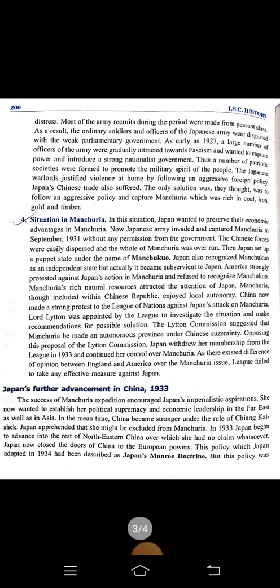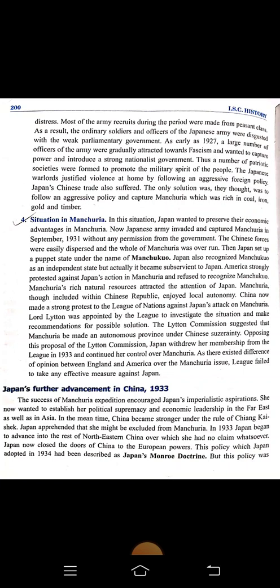Next is the situation in Manchuria. Japan wanted to preserve their economic advantages in Manchuria. The Japanese army invaded and captured Manchuria in September 1931 without any permission from the government. The Chinese forces were easily dispersed and the whole of Manchuria was overrun.